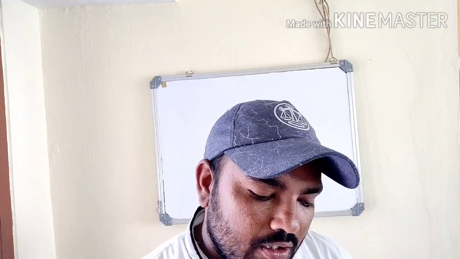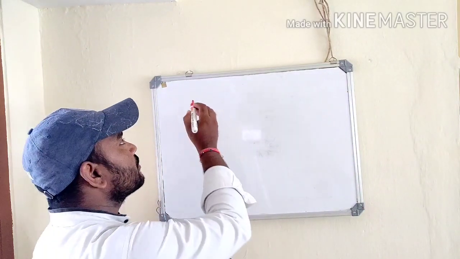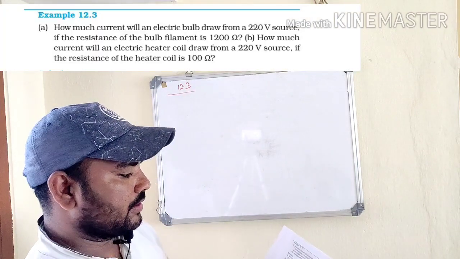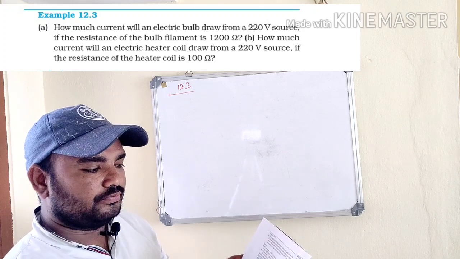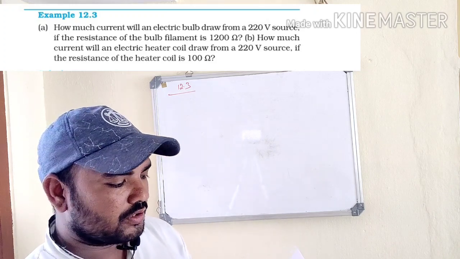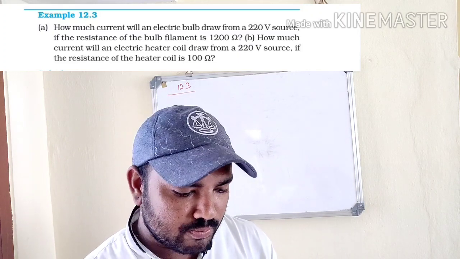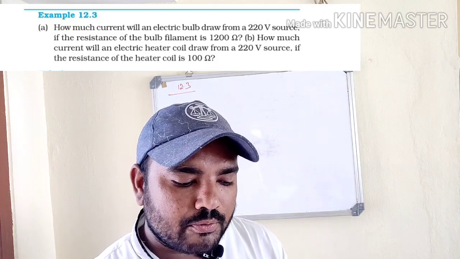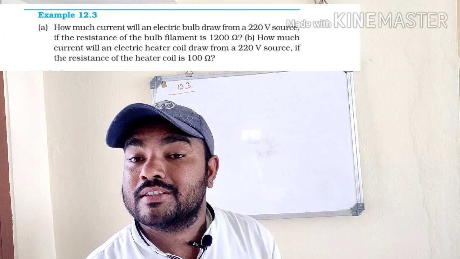So let me go ahead and solve numerical 12.3 from the electricity chapter. How much current will an electric heater coil draw from a 220 volt source if the resistance of the heater coil is 100 ohm, children?